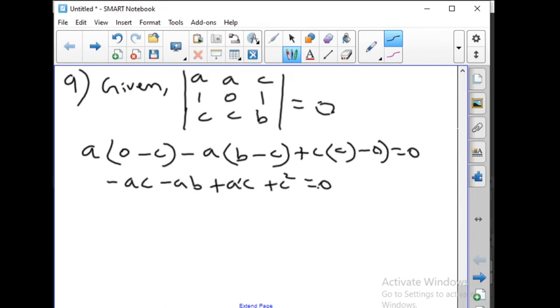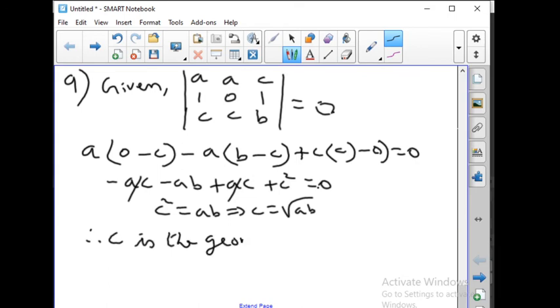So, minus ac and plus ac gets cancelled. We get c square is equal to ab, which implies c is equal to root of ab. Therefore, we say that c is the geometric mean of a and b.